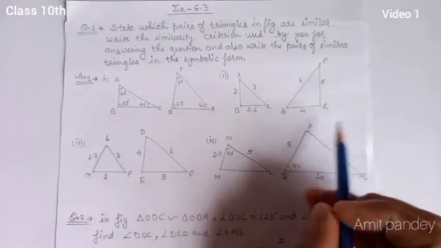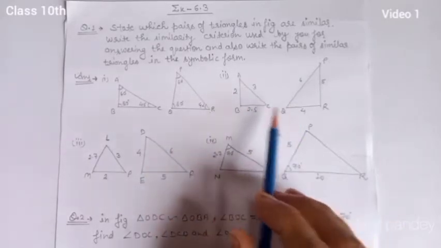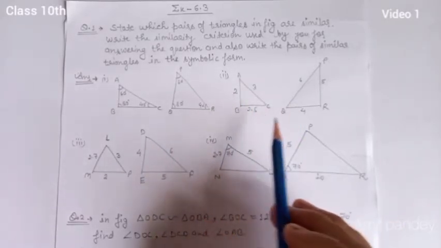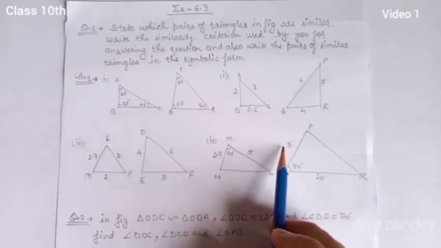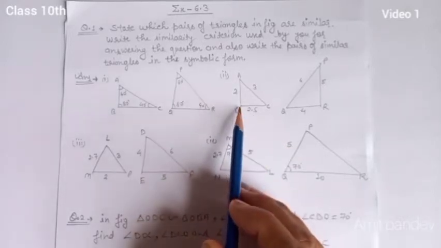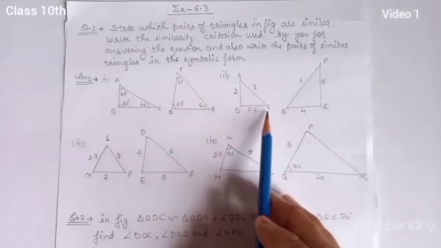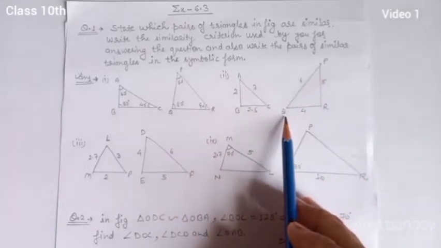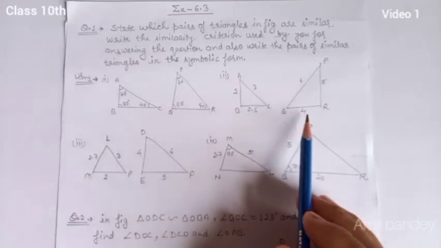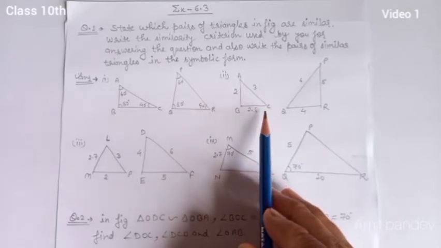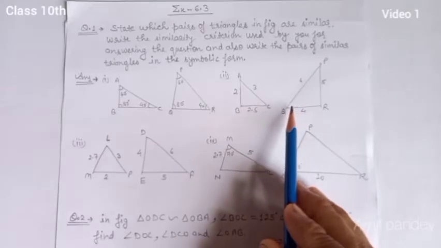If we divide each side by the other triangle's sides, we obtain the ratio 1/2. Okay students, so now we can write the pairs as AB upon QR, BC upon PR, AC upon PQ. So by which criterion? By SSS, all sides are in equal ratio. So these two triangles are similar by SSS criterion.